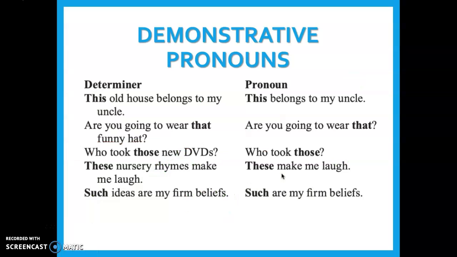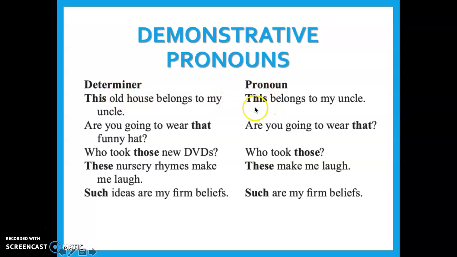There's this nice distinction between pronoun and what seem to be pronoun. So if you compare the first sentence on the left and this one on the right, we are looking at identical sentences, right? This old house belongs to my uncle. This belongs to my uncle. The difference is this one has a noun, old house. This one is not.